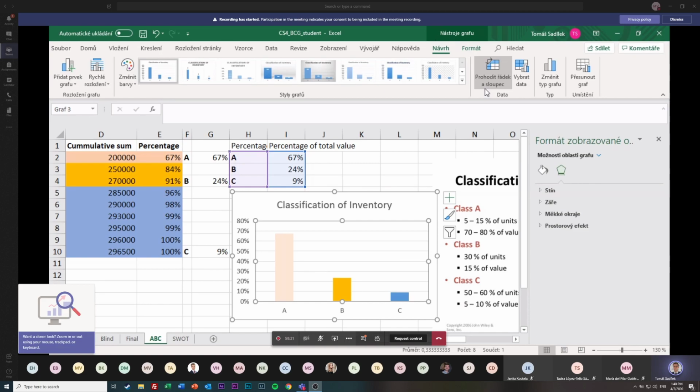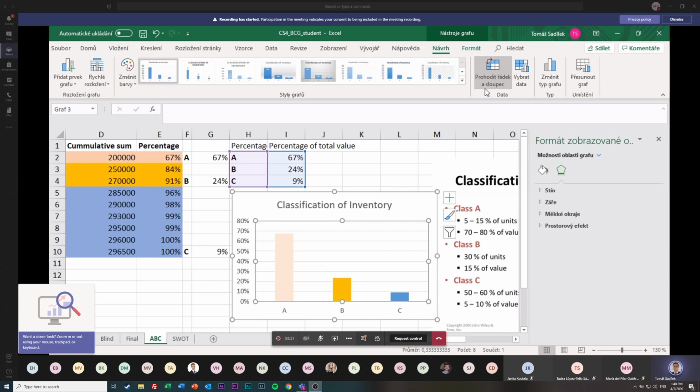Okay. Yeah, so some questions about this chart. It should be the result of this task.